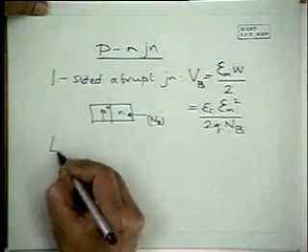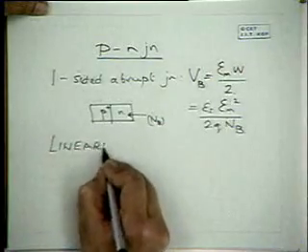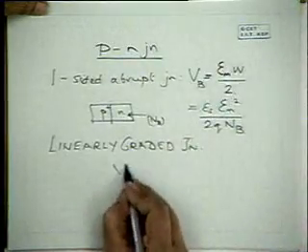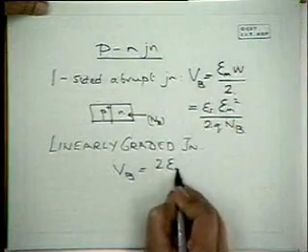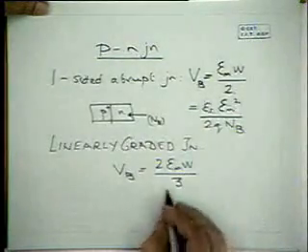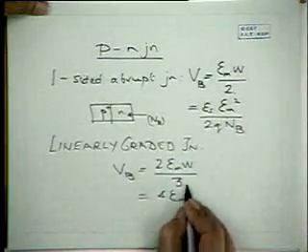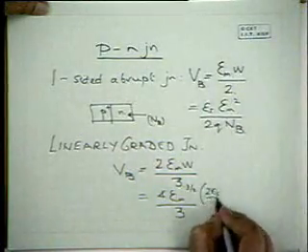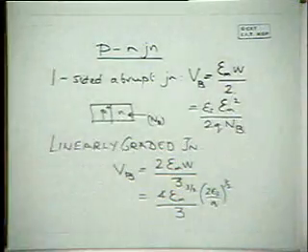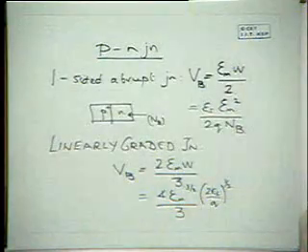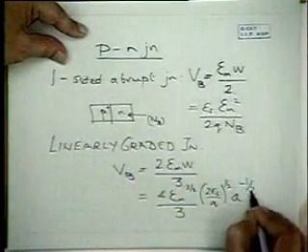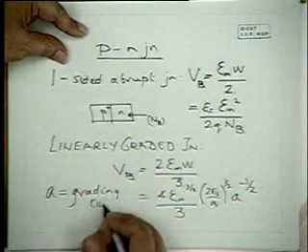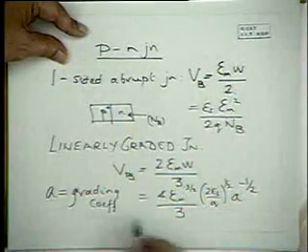And for a linearly graded junction, this is standard PN junction theory, the breakdown voltage is twice EM W by 3, which is 4 EM to the power 3 by 2 times twice epsilon S by Q to the power half, and A to the power minus half, where A is the grading coefficient.